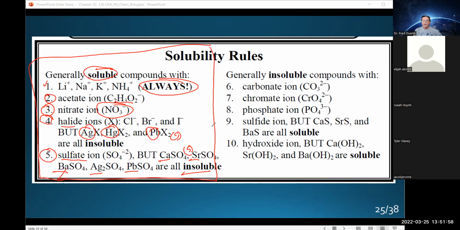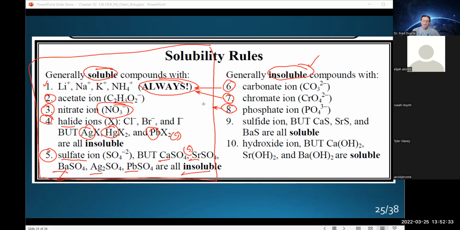Now, with respect to the column on the right, this is the insoluble. Okay. For number 6, 7, and 8, the carbonate ion, the chromate ion, and the phosphate ion are, regardless of what metal they are bonded to, insoluble, except if they happen to be bonded to the big four.